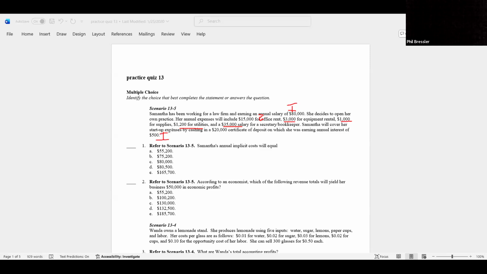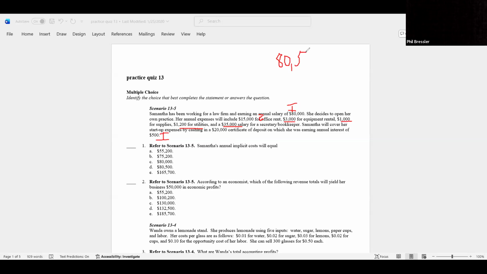Okay. So now you're going to have the same scenario Friday. You know the implicit costs are 80,000 for her salary, 500 for her interest. So you now know the implicit cost in this scenario is 80,500.